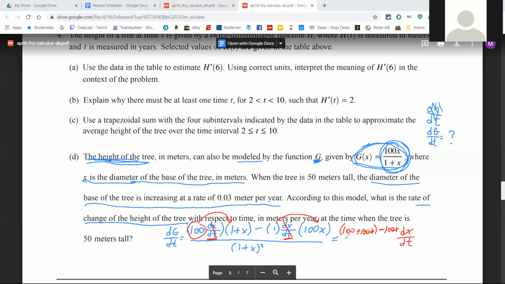all over 1 plus x squared. Now you didn't have to factor out the dx dt. You could have left it in there if you wanted to. But I want to show you the 100x minus 100x will cancel each other out. So you're just really left with 100 on top.